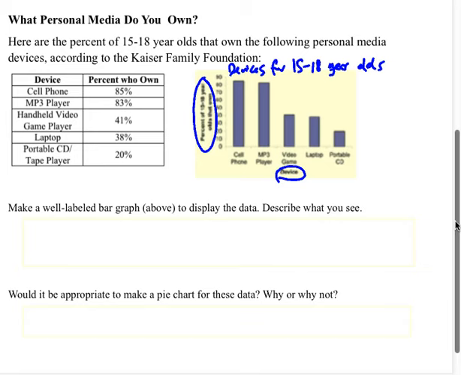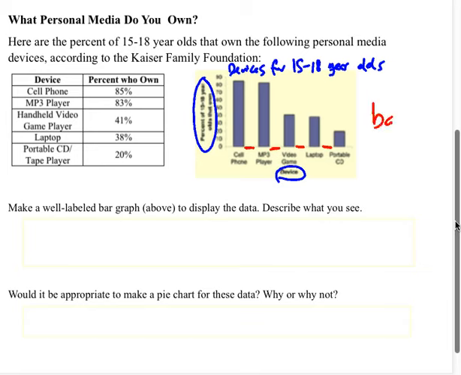Cell phones, 85% of them had cell phones, so the bar should go up to 85%. So notice this one's checking percent, so this would be a relative frequency bar graph, okay? The other thing I should have mentioned before, but it slipped my mind, is I want you to notice bar graphs have gaps between them, okay?